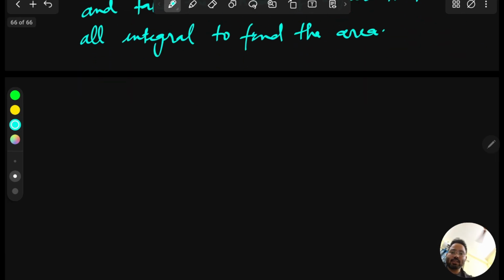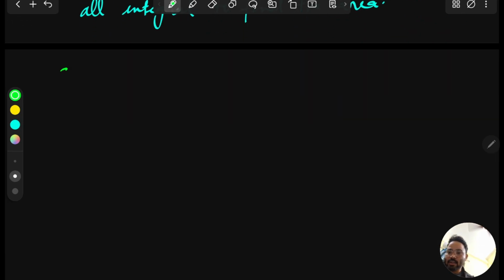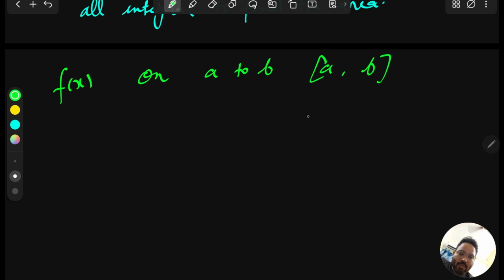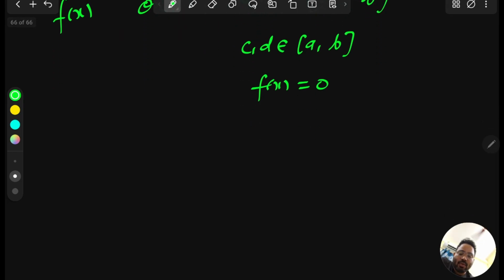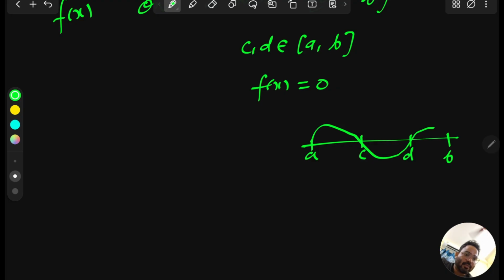What is the meaning of this? See, if you have a function f(x) on the closed interval a to b, and somewhere between, at points c and d belonging to this closed interval, your function becomes 0, meaning f(x) equal to 0, then the function may change sign there. So it is better to avoid this.